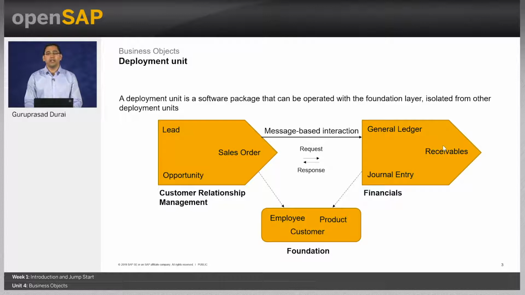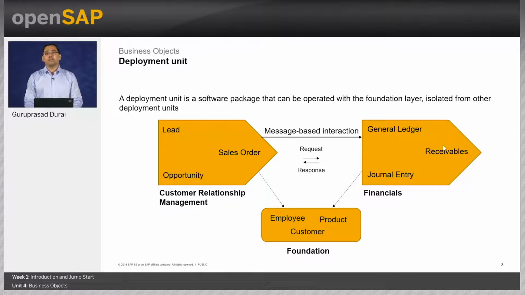To change the data between business objects lying in two different deployment units, you can make use of internal communication, which is an asynchronous message-based communication between the two deployment units. Here, as an example, the customer relationship management sends a request to the financials deployment unit, and in turn you get the response back from the financials deployment unit to the customer relationship management.